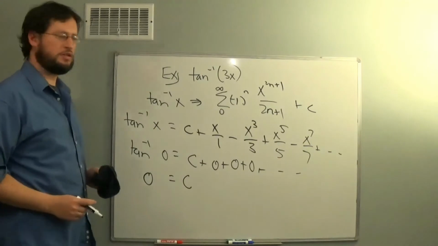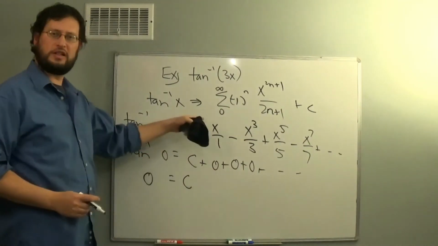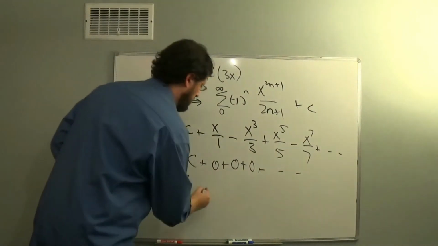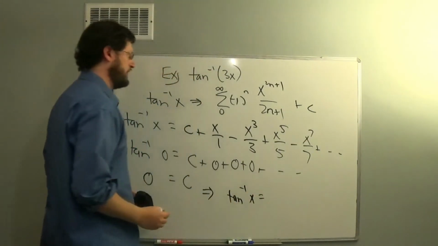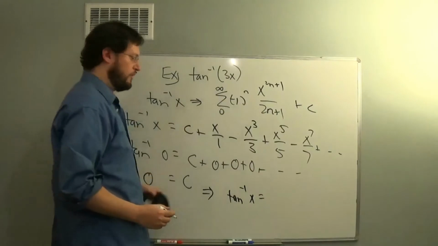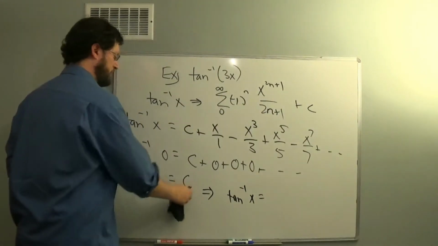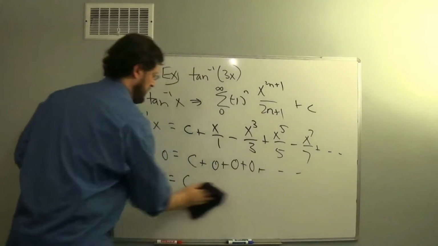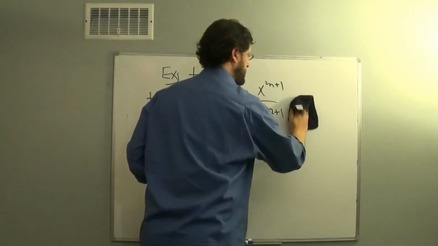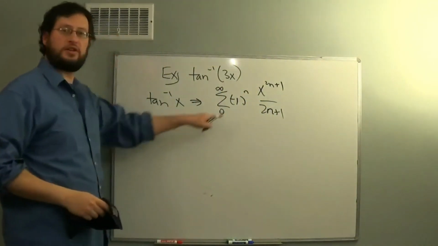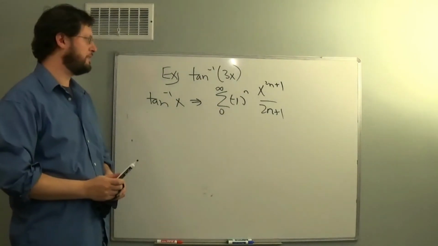And so that reads 0 equals c, so c is 0. So what we can say is that our Taylor series for tan inverse of x is this whole stuff without the c, because c is just 0. So I don't even need to rewrite it. Really what we've discovered is that this is our Taylor series for tan inverse of x.